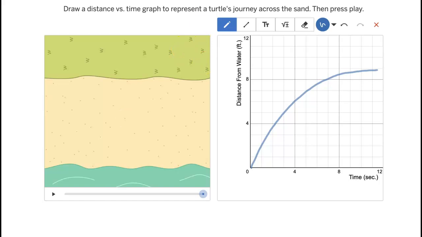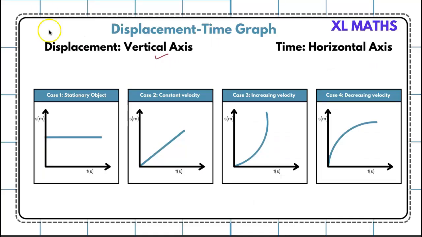So yes, these are the four different types of displacement-time graph we have seen, correct? When it's horizontal, parallel to the x-axis, the object is not moving. When it's a straight line like this, the object is moving with a constant velocity throughout. For the third case, the velocity increases with time, and for the fourth, the velocity decreases with time. So we have these four different types of graphs.